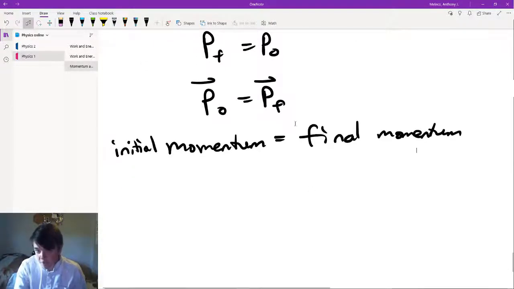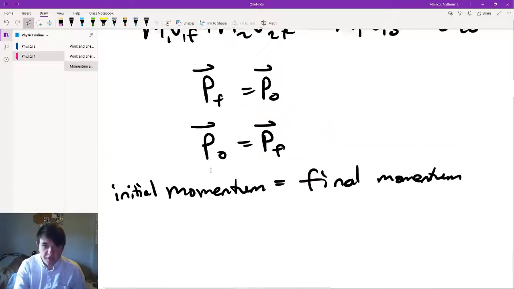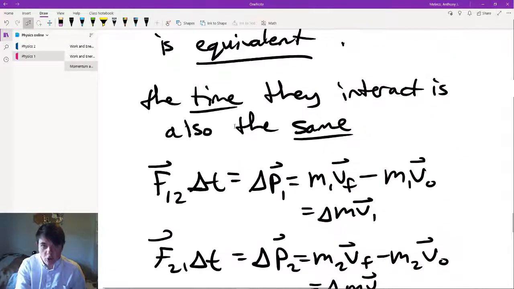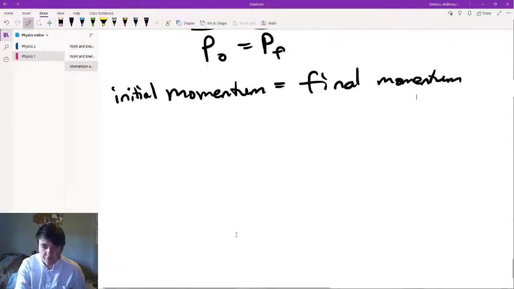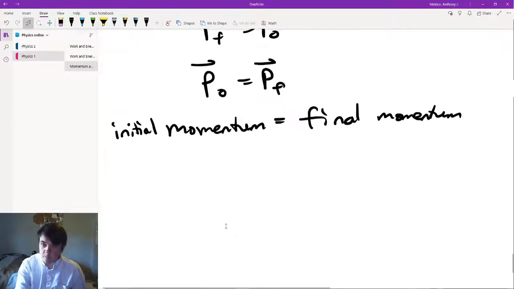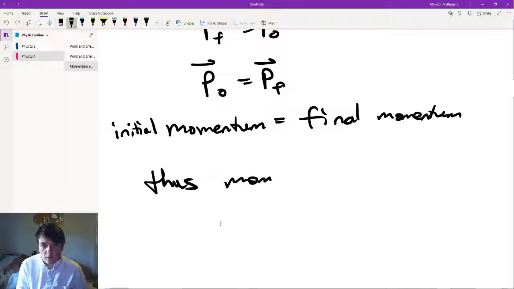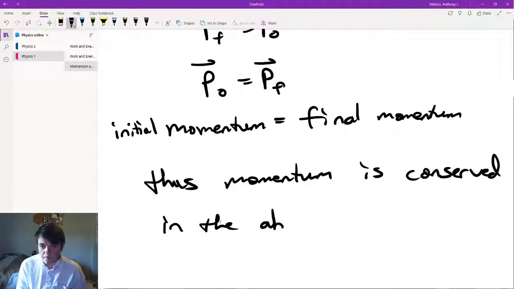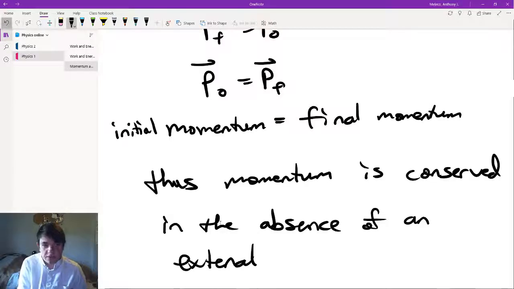So keep in mind though, there's no external impulse here. There's only the impulse between the two particles. They're each imparting their own impulse to one another. So what we will say, thus momentum is conserved in the absence of an external impulse.